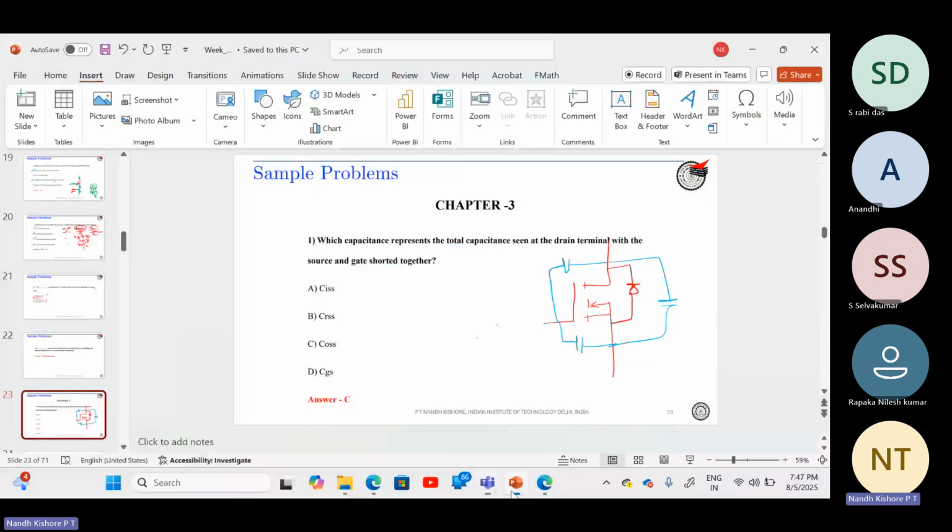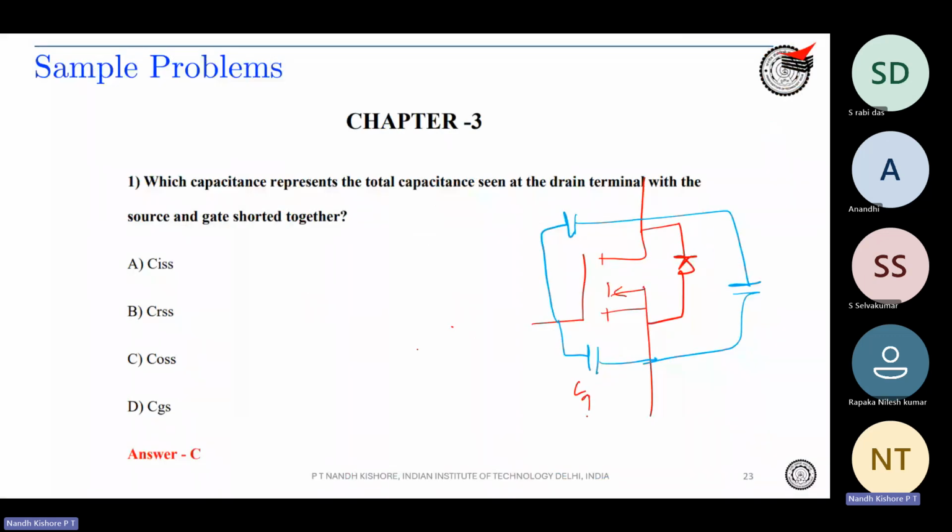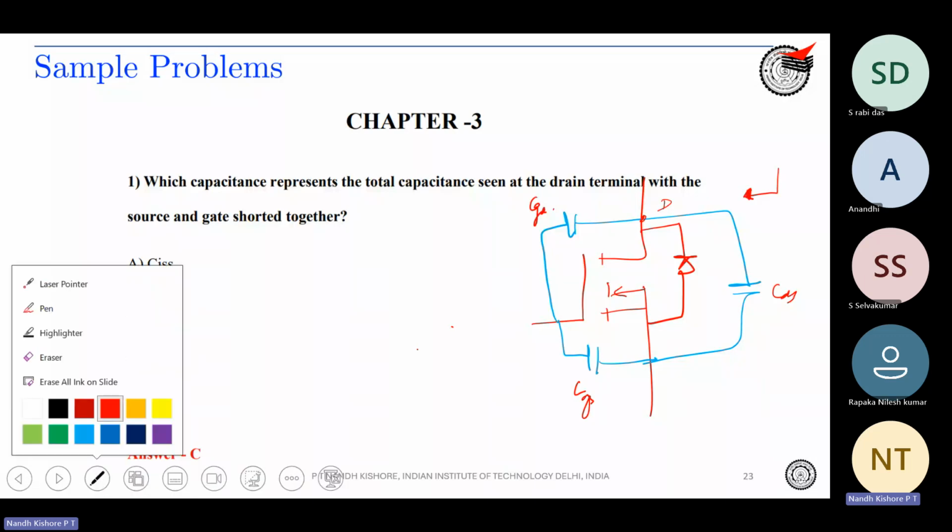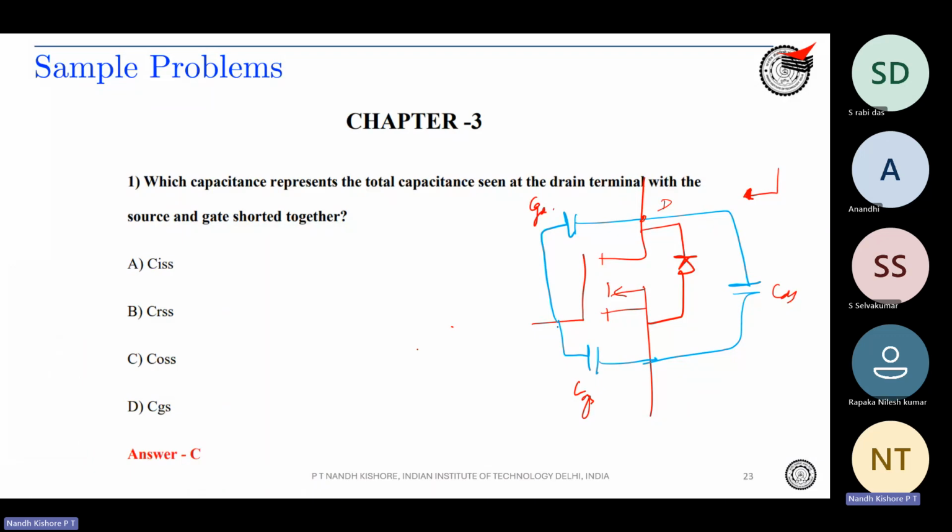I was talking about this capacitance thing that we discussed in the last class as well. This is your CGS, CDS, and CGD. What is the capacitance seen at the drain terminal, with the source and gate shorted together?